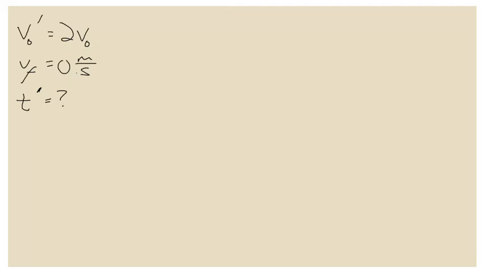And so what we want to do is use an equation that's just going to directly compare the time and the initial speed with nothing else messing this up. And the way that we do that is by using the final velocity equation, Vf equals V naught plus AT.